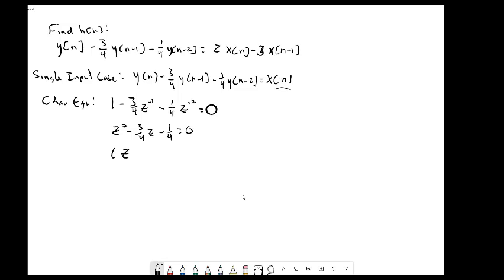If we factor that, it turns out to be z minus 1 times z plus 1/4. So I have two roots. z is either plus 1 or minus 1/4. Two real distinct roots.